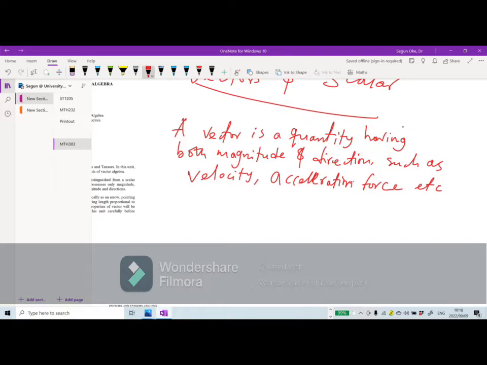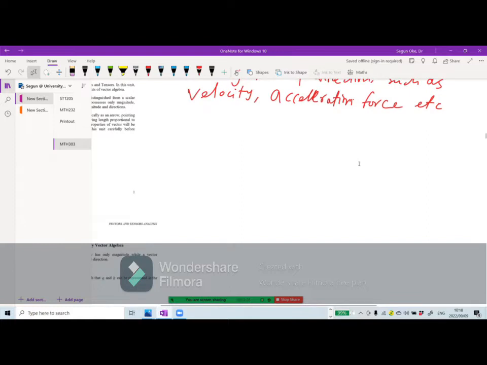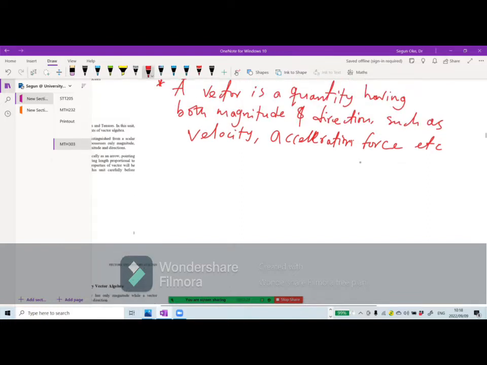So let's look at the scalar. And we now look at the scalar component.